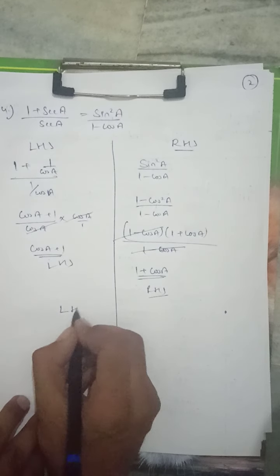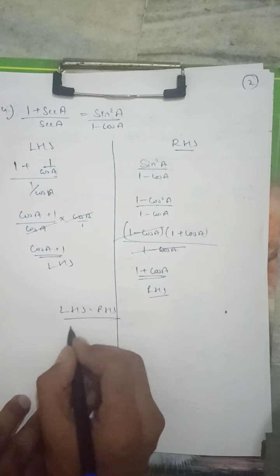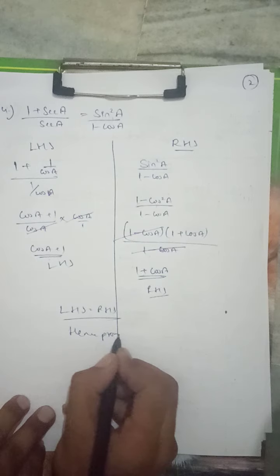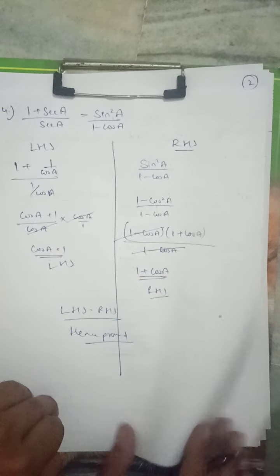You have to write LHS is equal to RHS, hence proved. Like this you have to do.